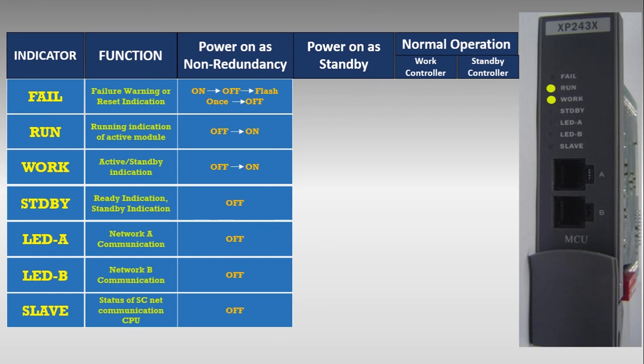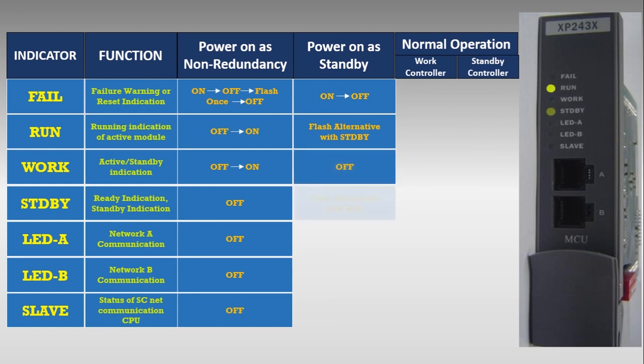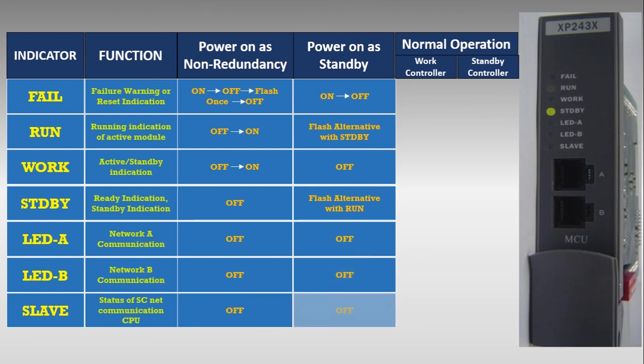When powered on as a standby, first the fail indication goes from on to off. The run and standby indications flash alternately, and all the remaining indications are off.